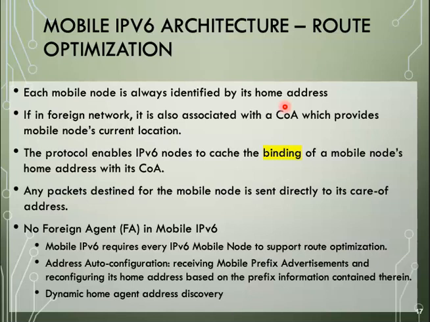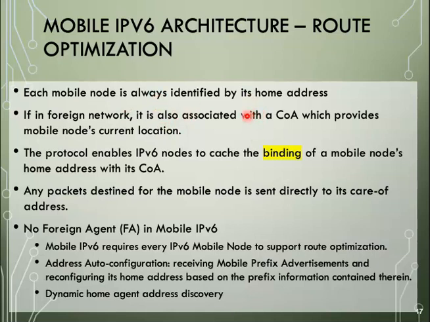Okay, while situated away from its home, a mobile node can also be associated with a care of address, which provides the mobile node's current location. So IPv6 packets addressed to a mobile node's home address are transparently routed to its care of address. Transparently routed means others will not know that it has another care of address, because this mobile node is only identified by its home address.